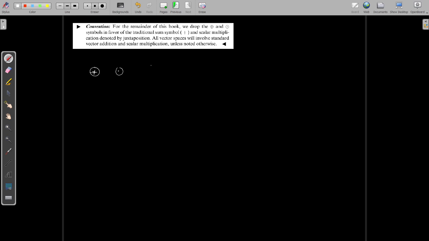When you identify that u and v are elements of a vector space V, then when you write u plus v, that really means vector addition. We are not using the special notation for vector addition. Once you identify these two as vectors of V, this denotes the vector addition.